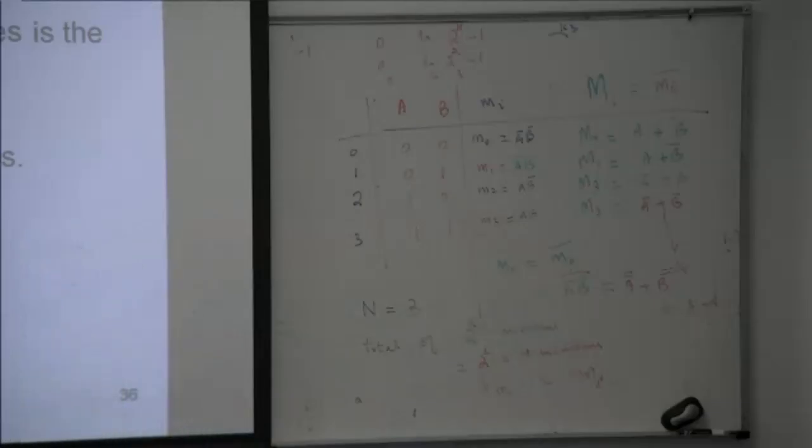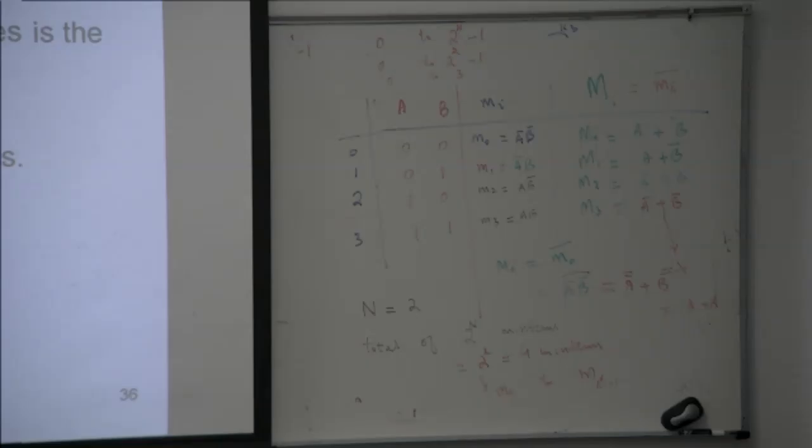So now in general, if we have a function of n inputs, how many max terms can we have? 2 to the power n. How many minterms can we have? 2 to the power n. The minterm will start from 0 to 2 to the power n minus 1.